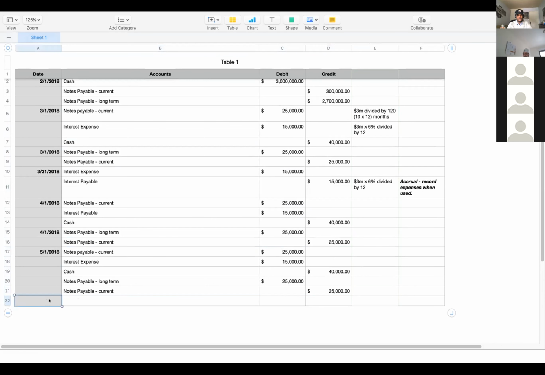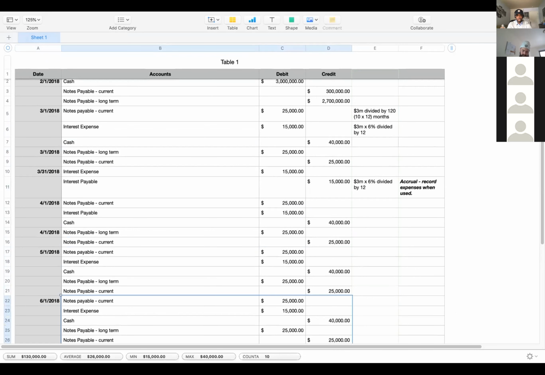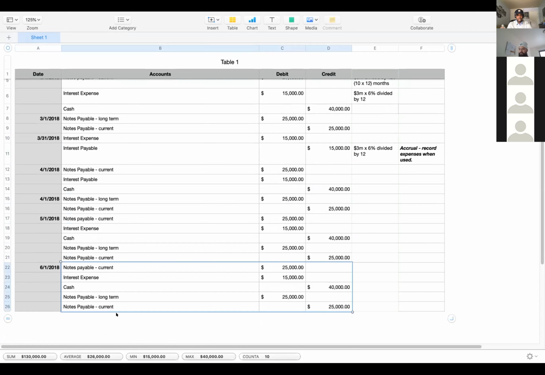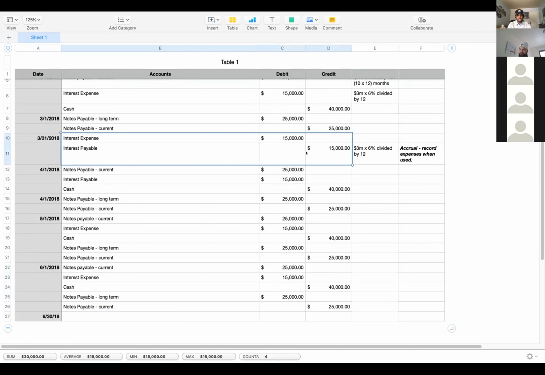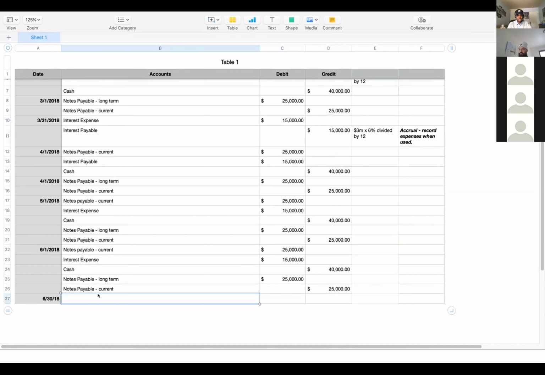And 6-1 would look like this. And then 6/30, right? And at the end of another period, we have to do this thing again. So that little one is what takes place after like a 3-month, quarterly period.